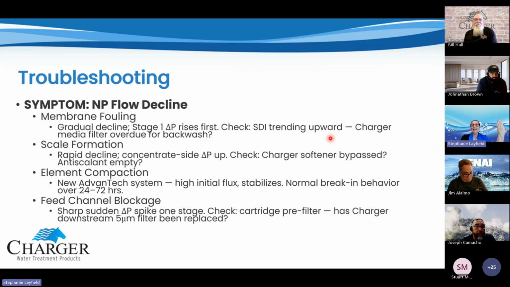So if it comes in at 30 grains per gallon, by the time it hits the backside of that membrane, it could be at 50, 60, 70 grains per gallon. So it'll start scaling up at the far end and grow forward. You'll get a rapid decline. Your concentrate delta pressure will go up. So make sure that your anti-scalant's there. Make sure the softener's not bypassed or turned off or out of salt or something silly like that.